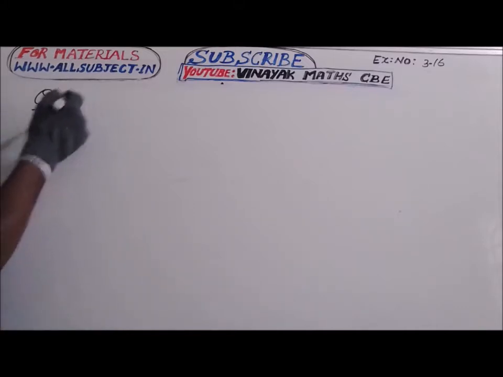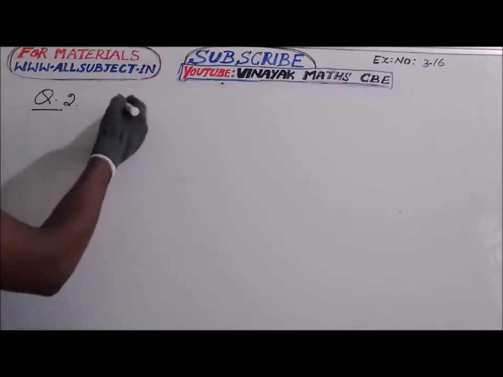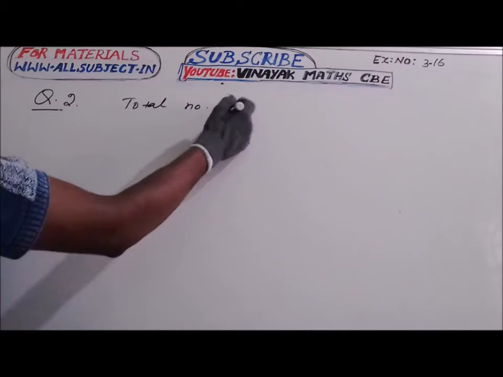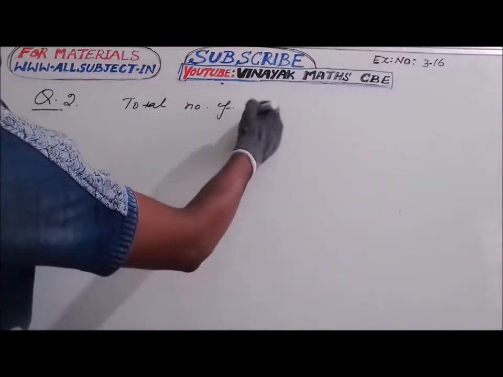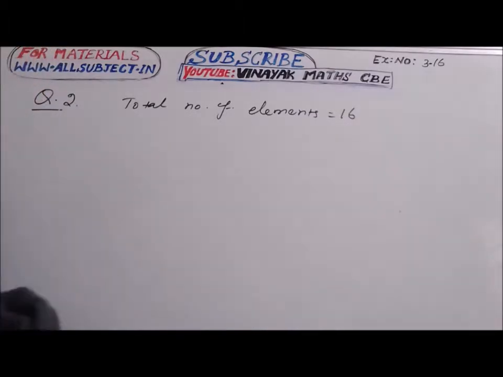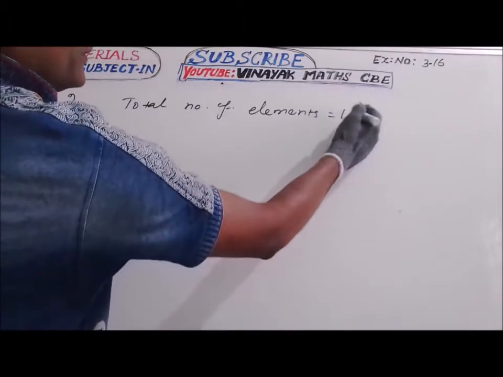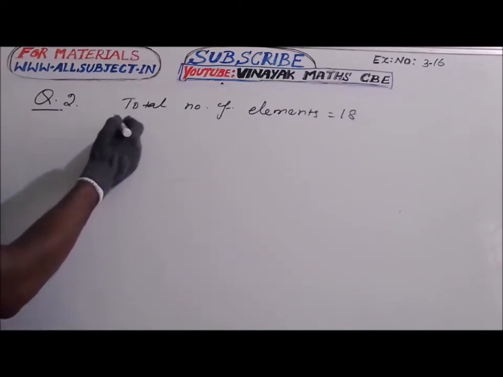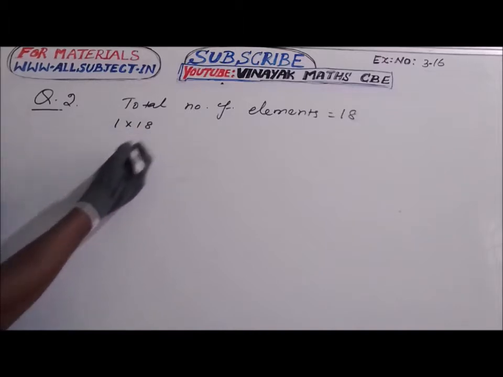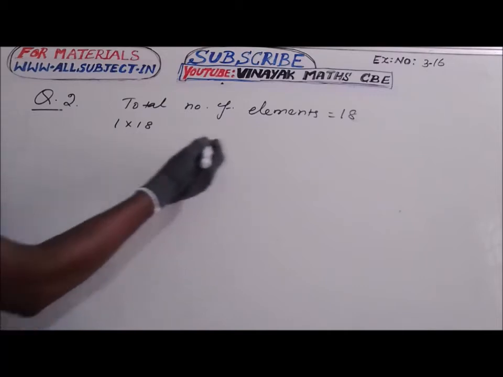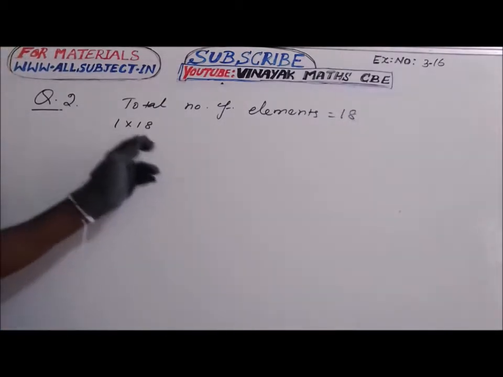Question number 2. A matrix has 18 elements. The total number of elements is equal to 18. What are the possible orders? That means 1 row 18 columns, that is 1 into 18, because total elements should be 18, so 1 into 18 is equal to 18.